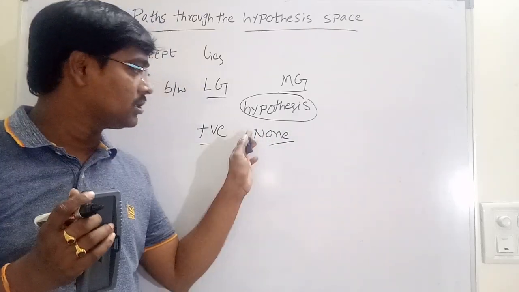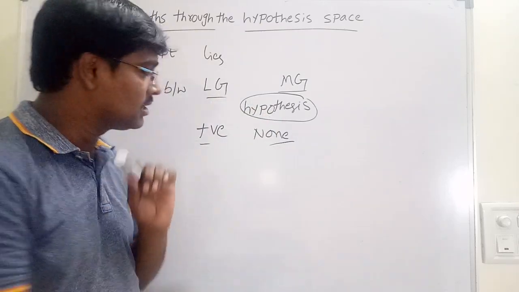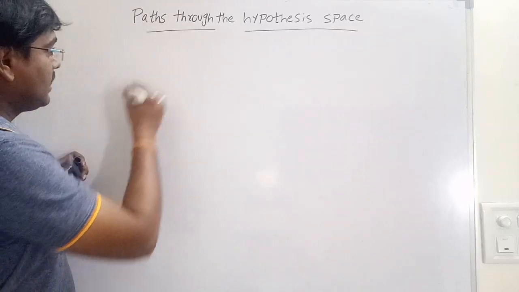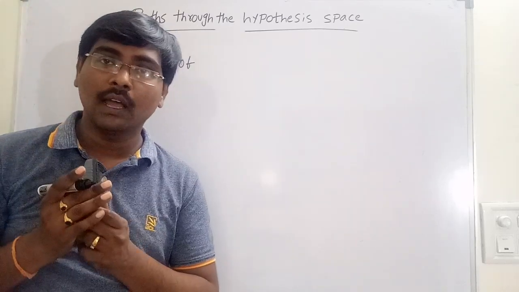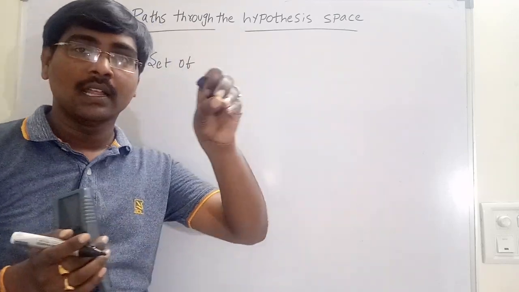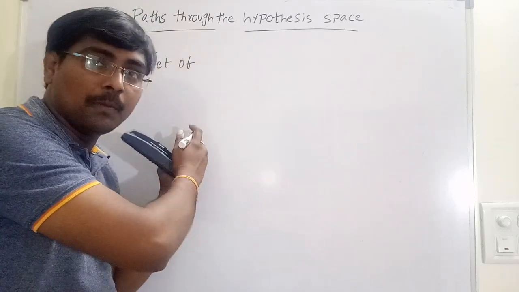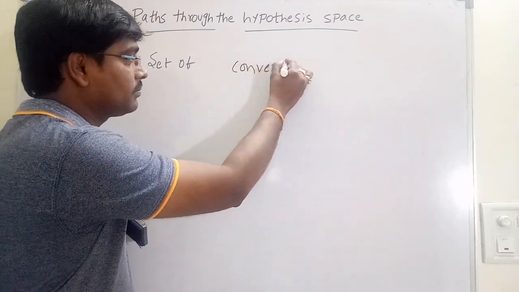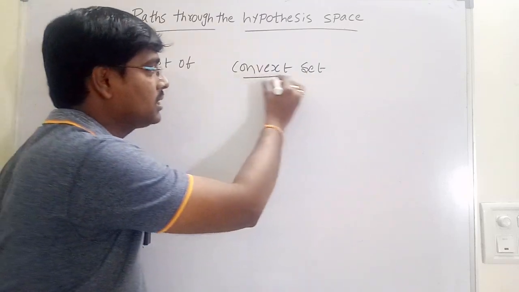Mathematically speaking, the set of all possible hypotheses that agree on the data, suppose I am giving some data, the set of all hypotheses that agree on the data is a convex set.